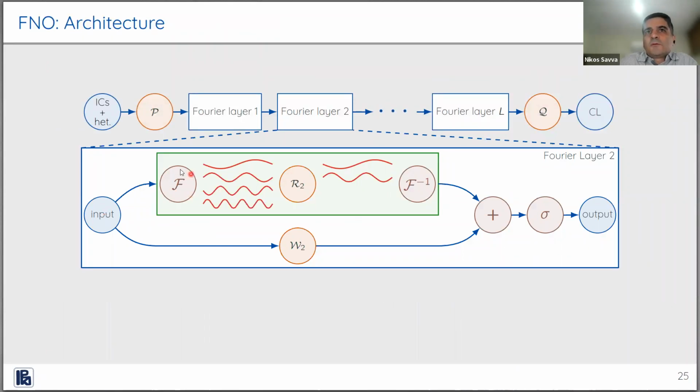We take the input, we Fourier transform it, we multiply by another matrix. We invert the Fourier transform, and then we superimpose it with a linear transformation of the input data. We pass it through the activation function, and we get the output.